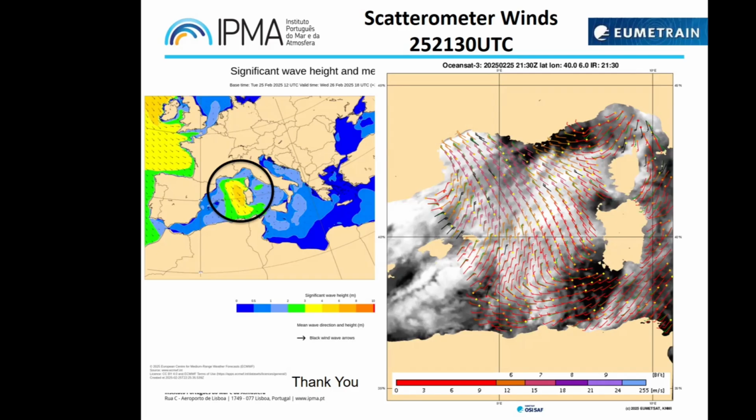Also, near African coasts, it's possible to see some change in the wind direction, and that can be the position of the cold front at surface at that time. So you can continue to monitor the evolution of these situations, strong winds and increasing significant wave heights, with wind data from scatterometer sensors and also the significant wave height from altimeter data.